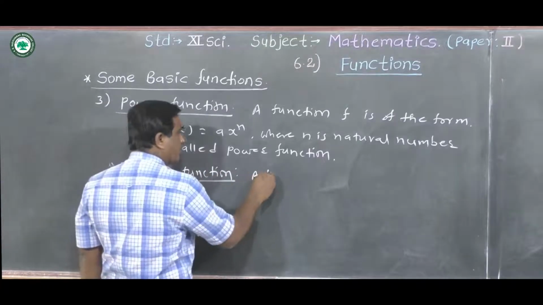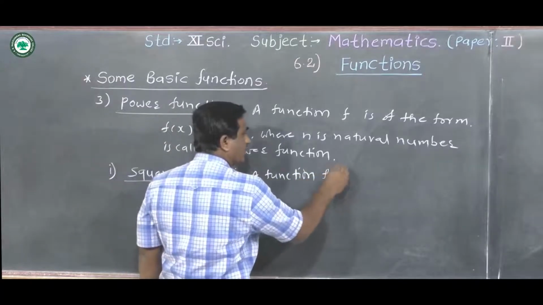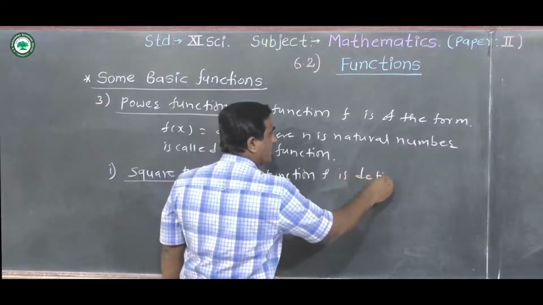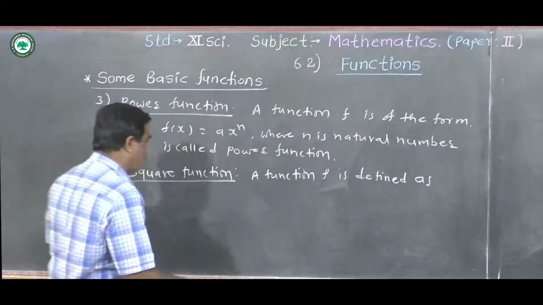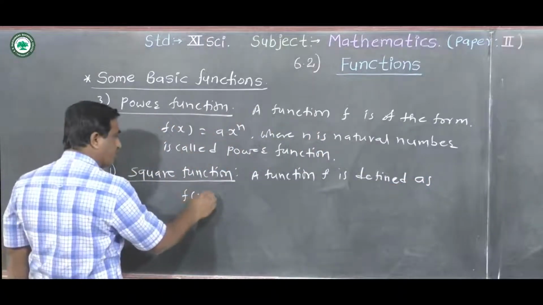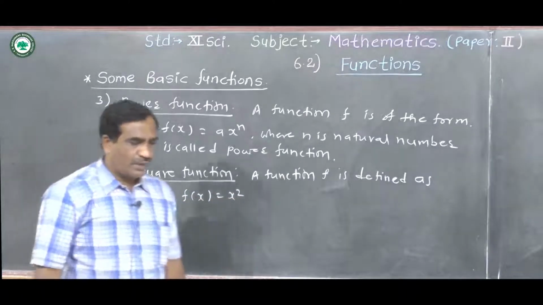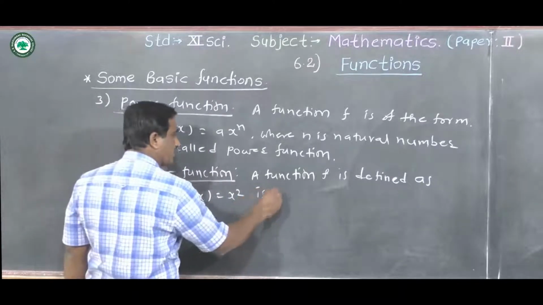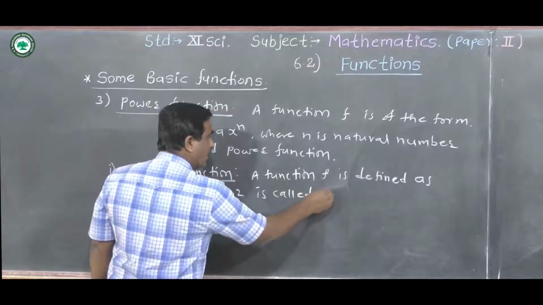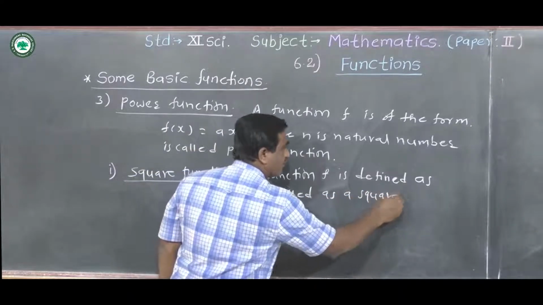A function f is defined as f of x equal to x square. F of x is equal to x square is called a square function.